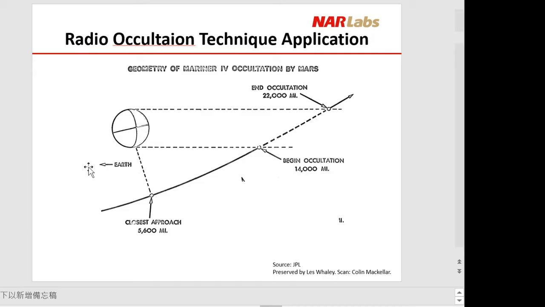This was a quite successful experiment. Afterwards, people measured the atmospheres of other planets for outer space missions.